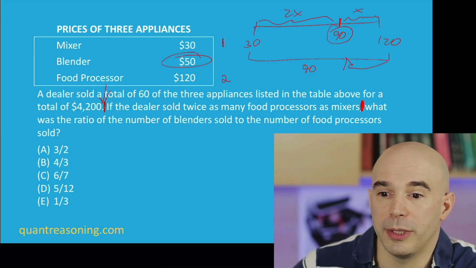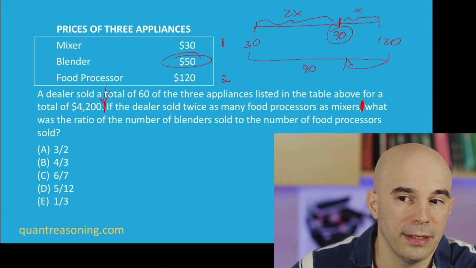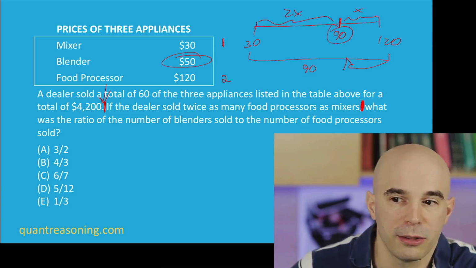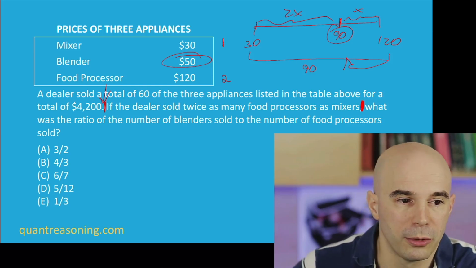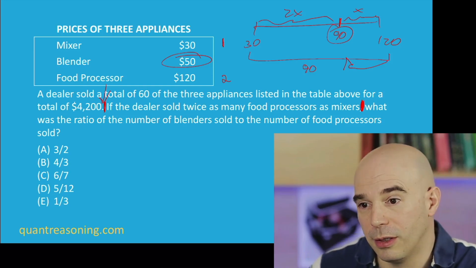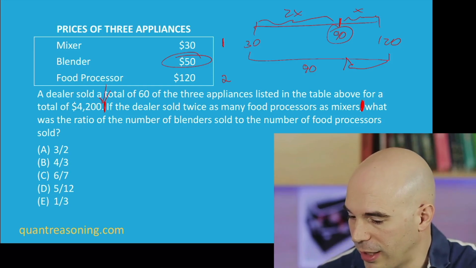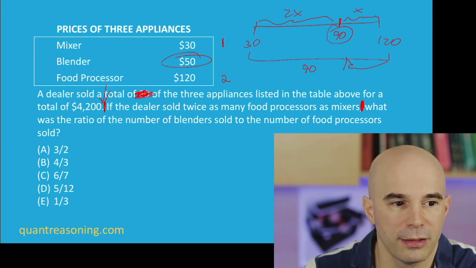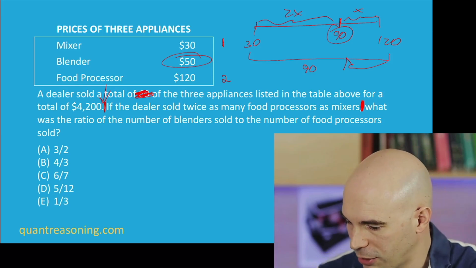Now we could at this point say, hey, there's a total of 60 appliances, so it must be 30 blenders and a total of 30 for the mixers and food processors, and then go from there. Or a shortcut, if you say, look, I don't really need to know exactly how many appliances there are, because this is just a ratio question. We're just asking for a ratio.